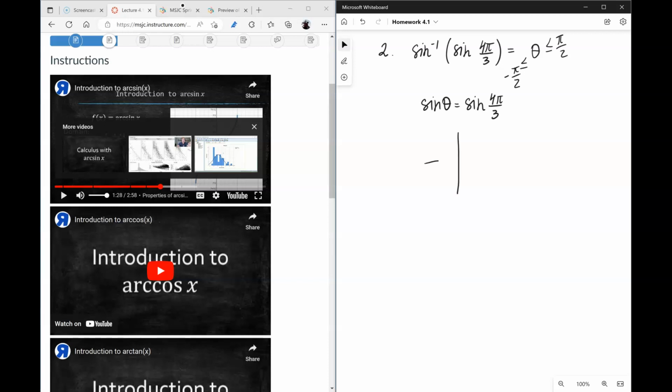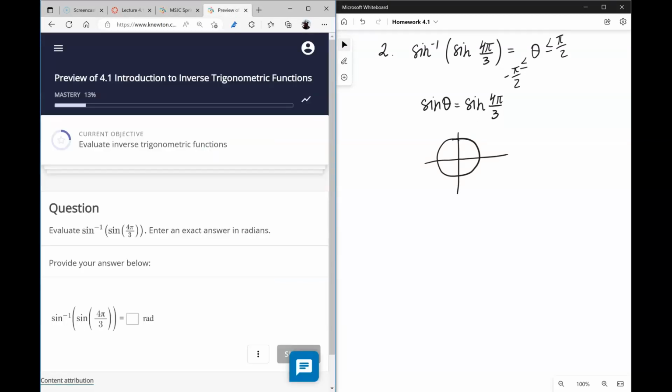So again, sketching a quick unit circle, 4 pi over 3 is right over here. And sine of 4 pi over 3 is the y coordinate, and the question is which angle between negative pi over 2 and positive pi over 2.